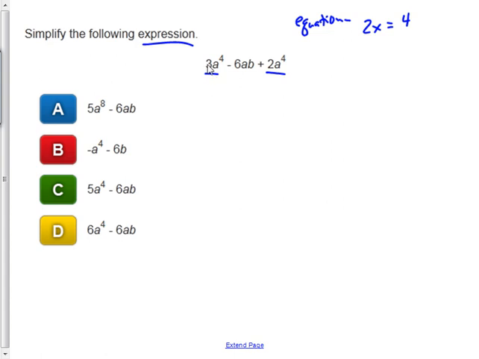So it's kind of like if I have 3 apples and I have 2 apples, how many apples do I have? Well, I have 5a to the fourth, or 5 apples for that example, minus 6ab. Okay, so when we look at that example, again, this was a positive, so we just added it to get 5. So C would be our best choice.